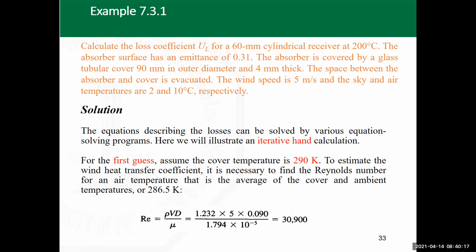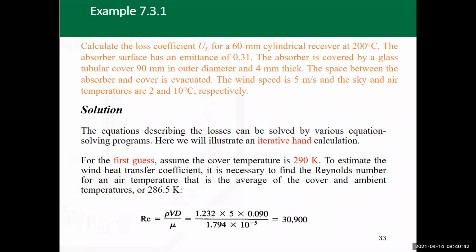As we have just mentioned, we need to go through that set of three equations to be solved together iteratively. But before we do that, we need to estimate the heat transfer coefficient by convection from the outer surface to the surroundings. This requires that we know the Reynolds number that is calculated here.